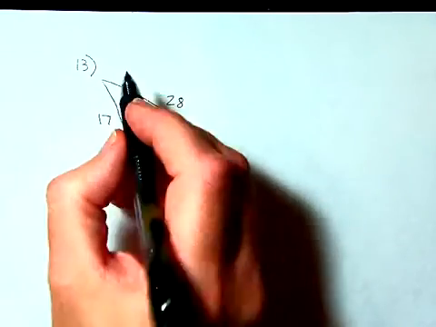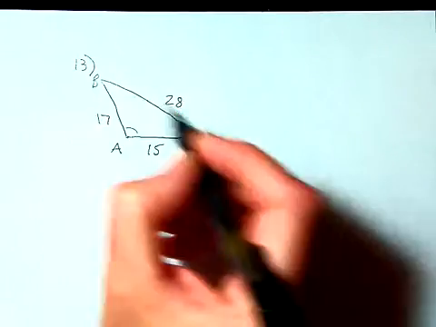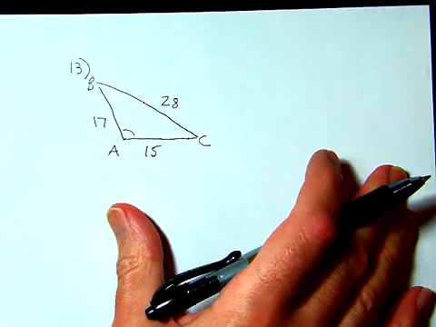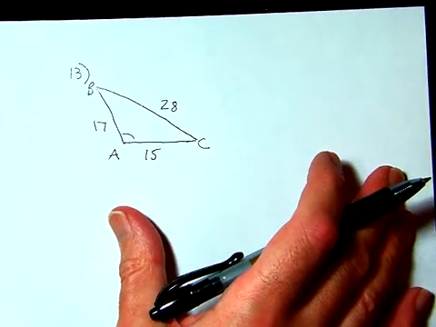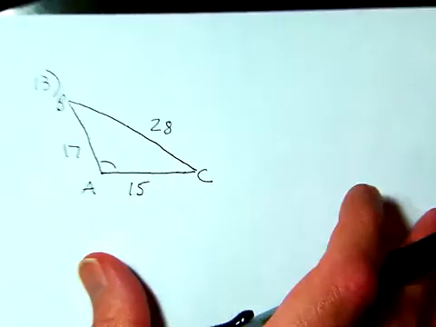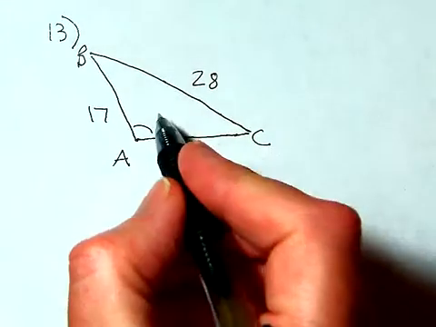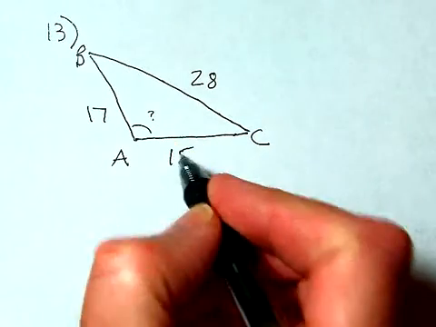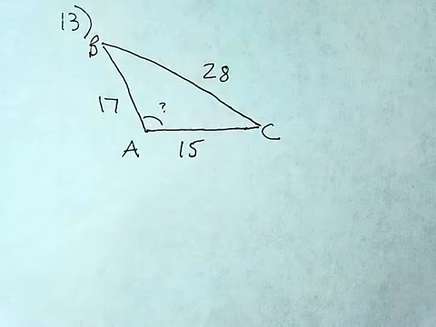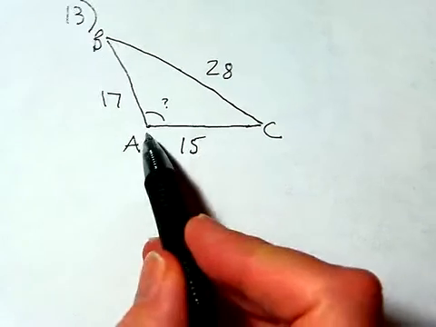Now, I'm not sure exactly whether your sheet calls this angle B or C, but I'm going to name this angle B and C like in this manner. And the question is, what is angle A? So I have side, side, side. I have the lengths of three sides of the triangle, and now I need to determine the size of angle A.